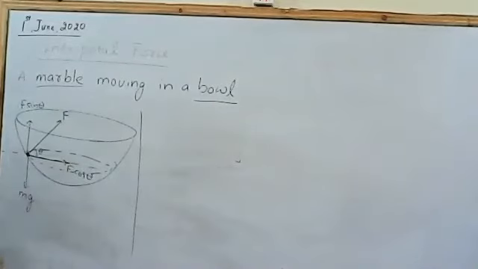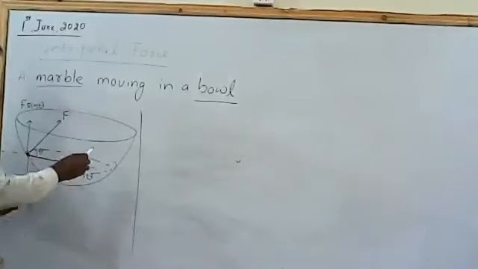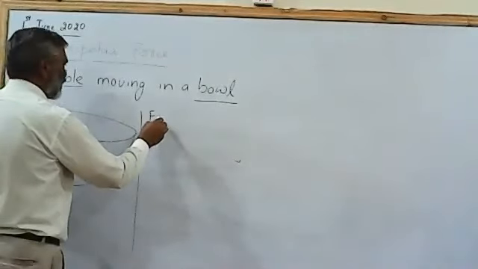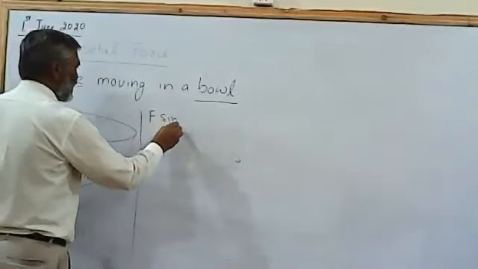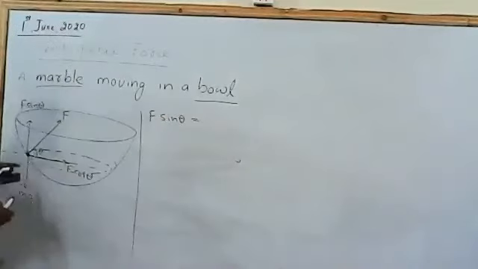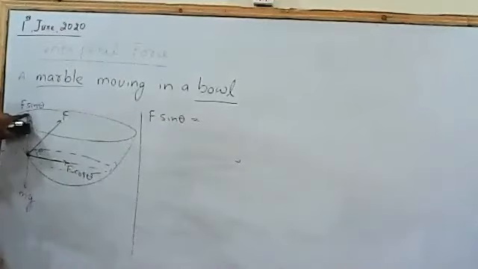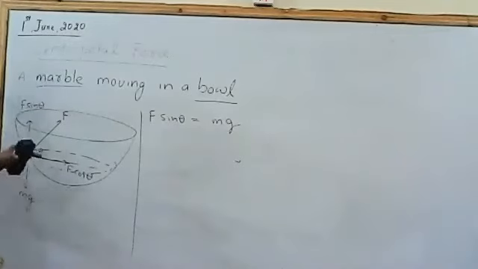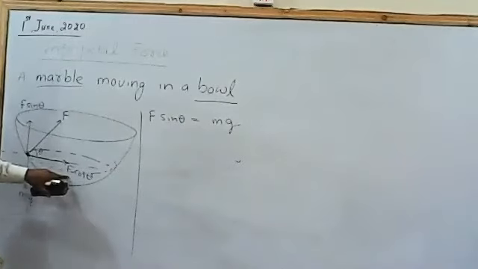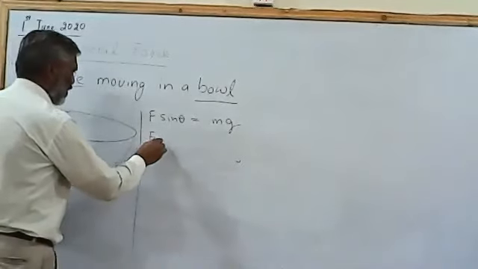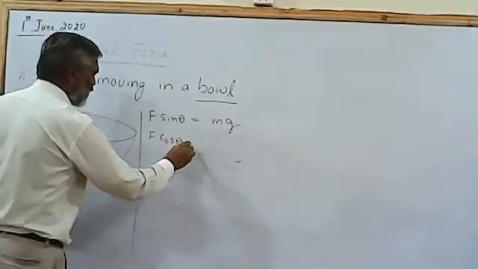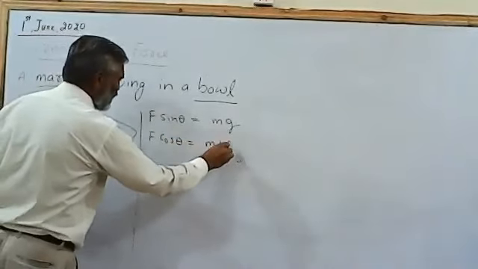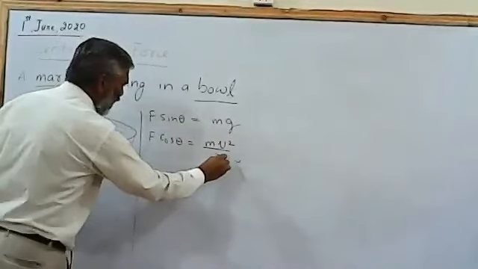But the mathematical steps will be similar. I have two equations again. Number one, f sin theta will be equated to mg. So my first equation will become this. And the other equation, f cos theta, will be mv square over r.